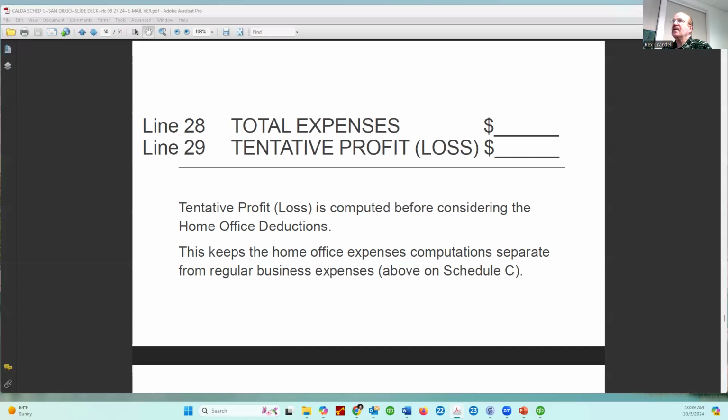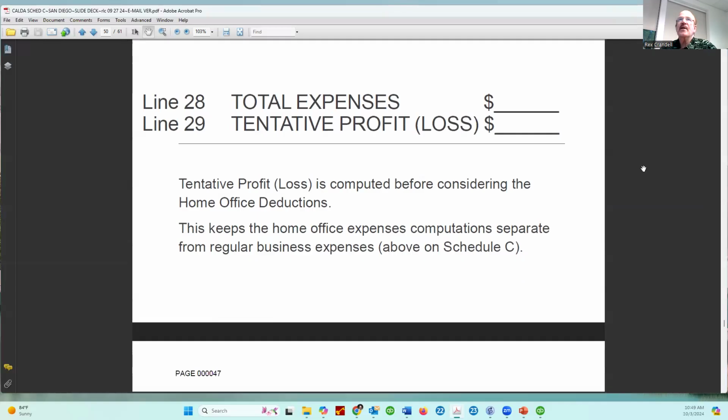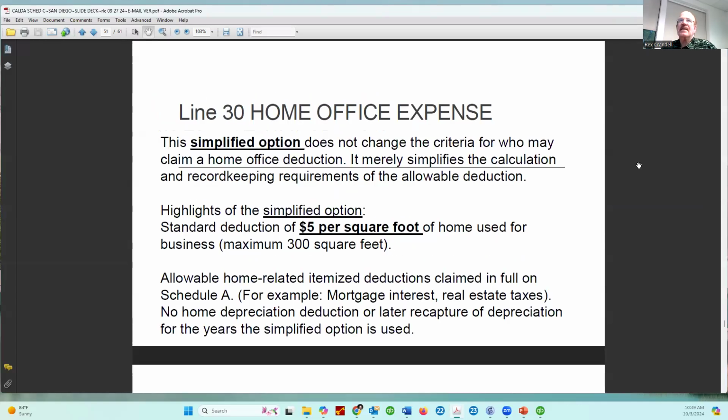So on the home office, there are two ways to deduct it. There's a simplified method that does not change the criteria for who may claim a home deduction. It merely simplifies the calculation for record keeping.